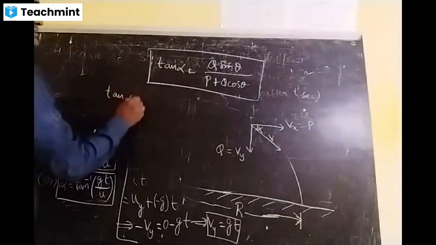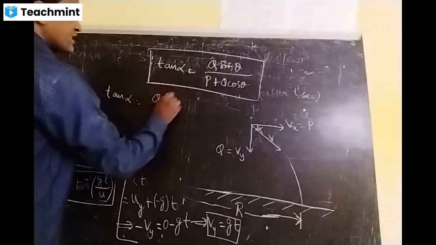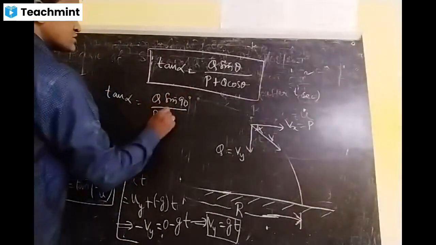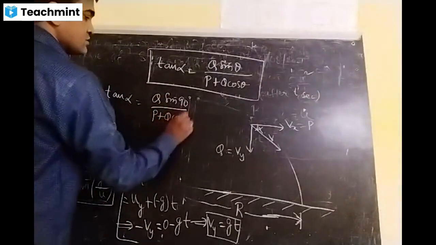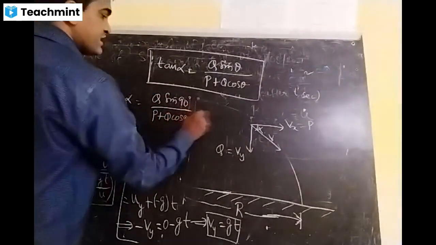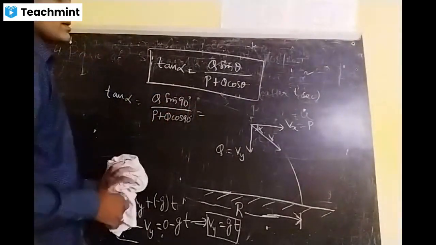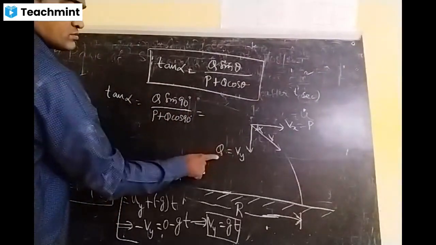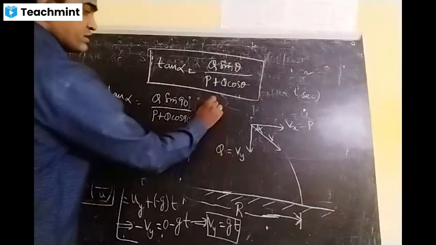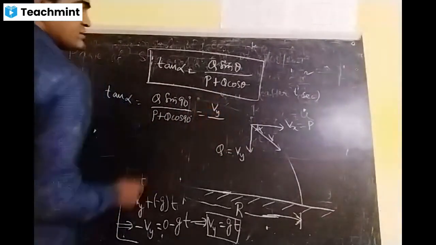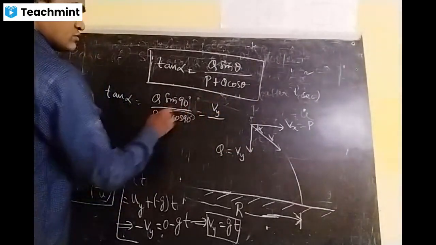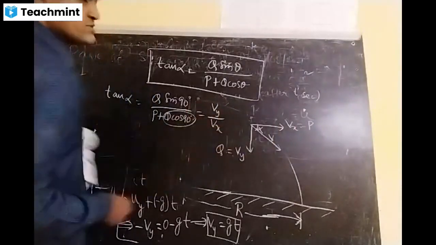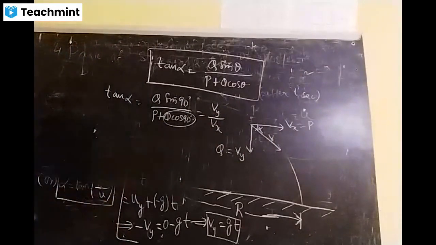Tan alpha is equal to Q sin 90 divided by P plus Q cos 90 degrees. Sin 90 is 1 and cos 90 is 0. So it is Q by P, that is Vy by Vx, which is gt by u.